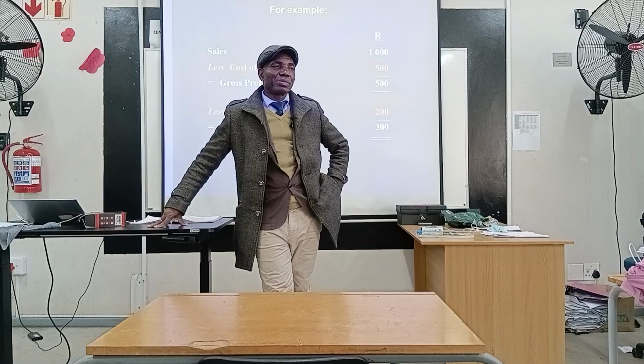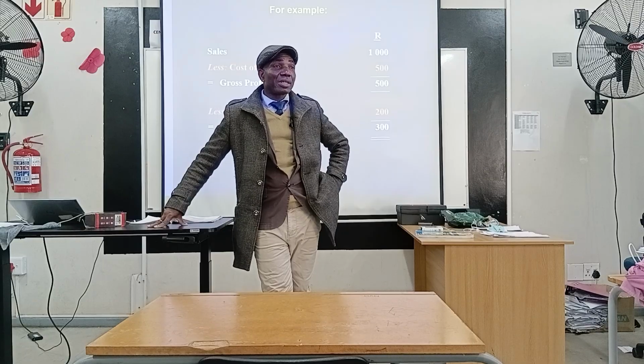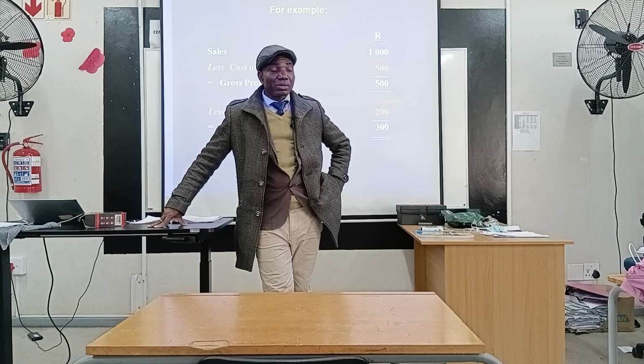So how much is it going to be? 2,000. Right. Is it 2,000? Okay. So how much are you selling the bread? How much did I say you are selling it? 10 rand.